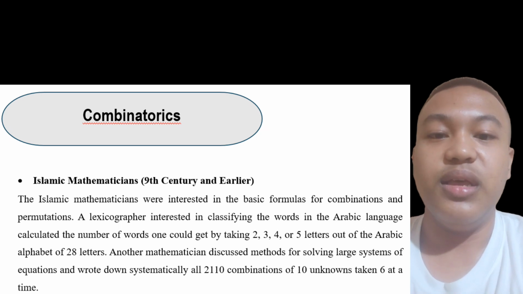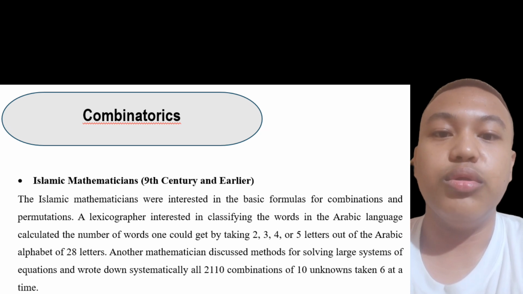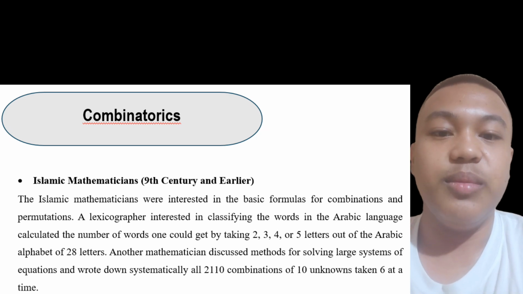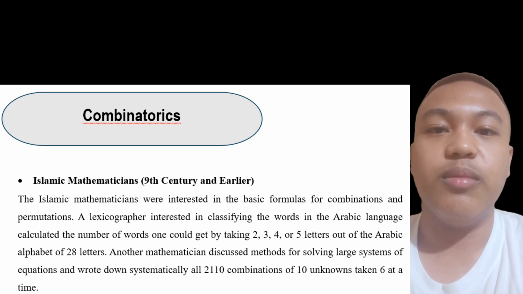Another mathematician discussed methods for solving large systems of equations and wrote down systematically all 2,110 combinations of 10 unknowns taken 6 at a time. Similarly, Omar Khayyam listed the 25 possible forms of equations of degree at most 3.